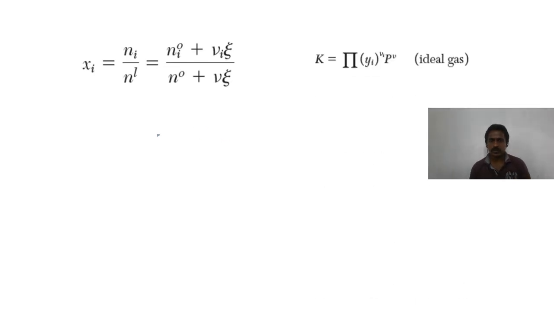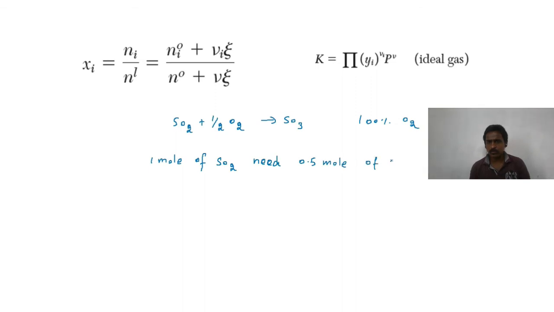Let me write the given data according to the reaction stoichiometry. SO2 plus one half O2 gives SO3. In the given problem, 100% excess O2 is utilized. That means 1 mole of SO2 needs 0.5 mole of O2.